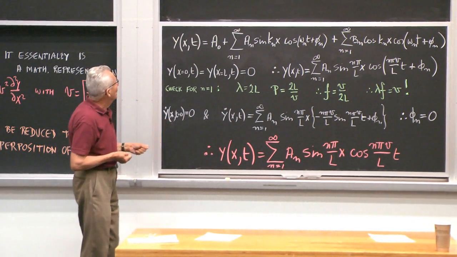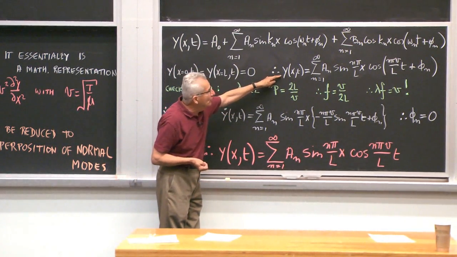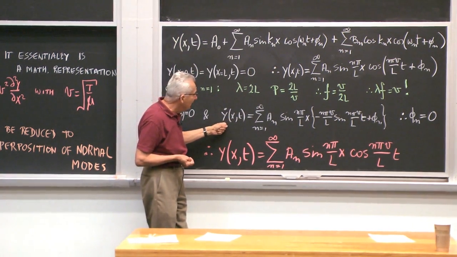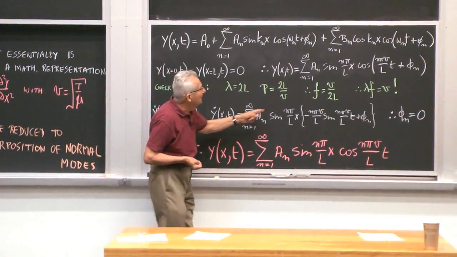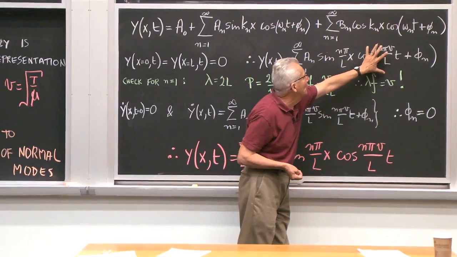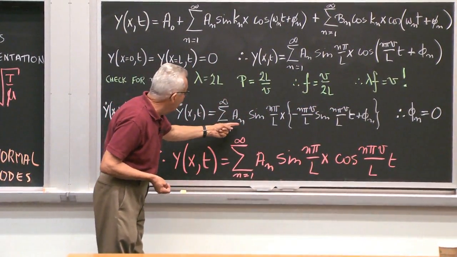Okay? So we take this equation, so far we've reduced it to that, differentiate it with respect to time, and get this. That's easy, you just have to differentiate. The cosine gives you minus sine. Okay? So you end up with this.